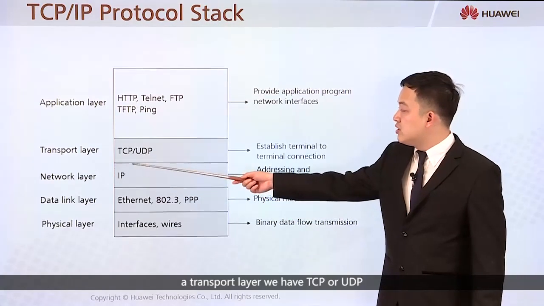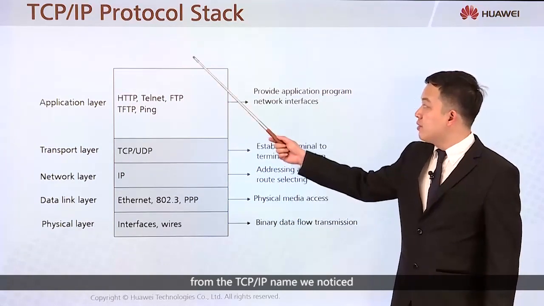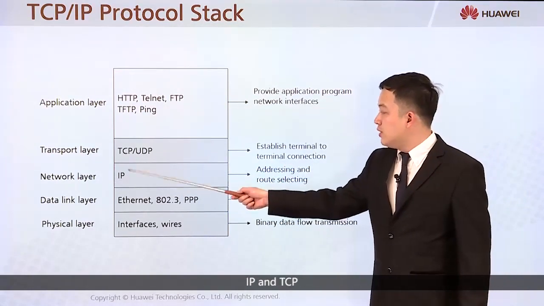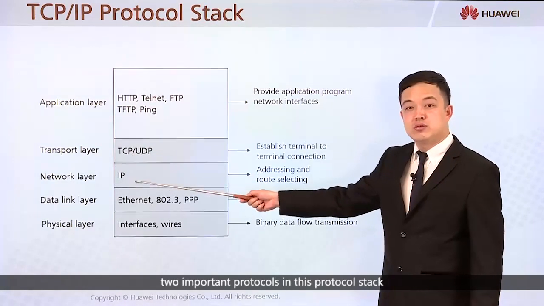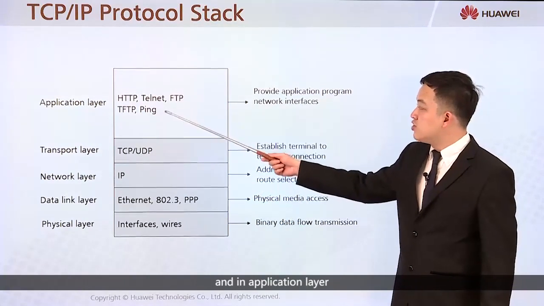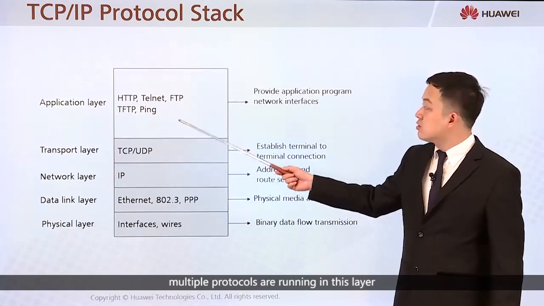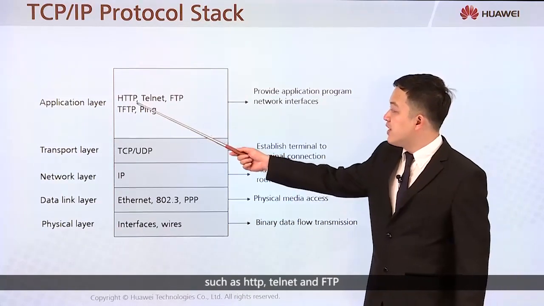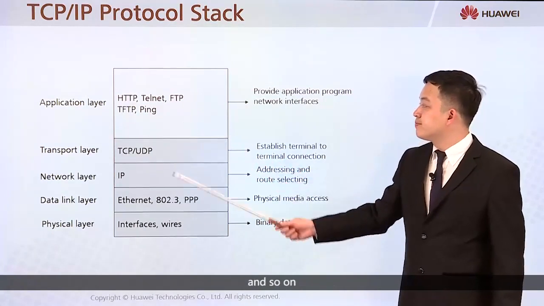In the transport layer, we have TCP or UDP. From the name TCP/IP, we notice IP and TCP are 2 important protocols in this protocol stack. In the application layer, multiple protocols are running, such as HTTP, Telnet, and FTP, and so on.